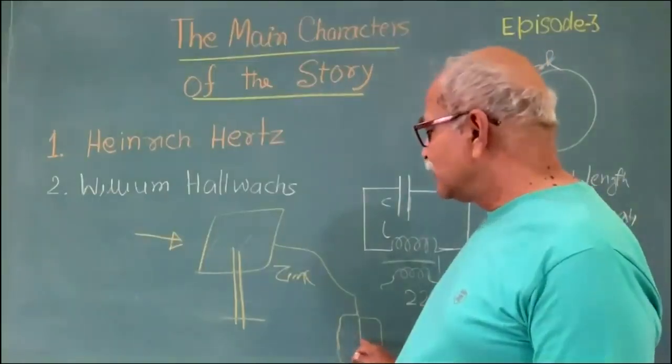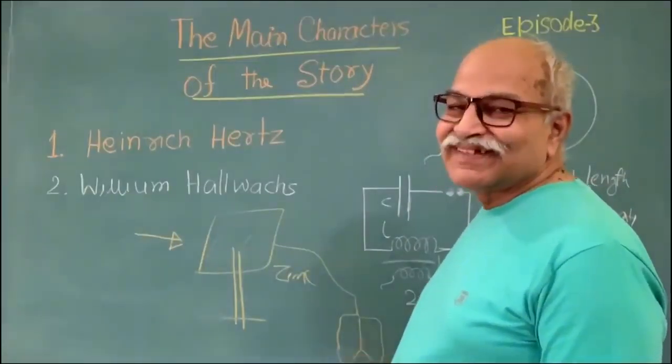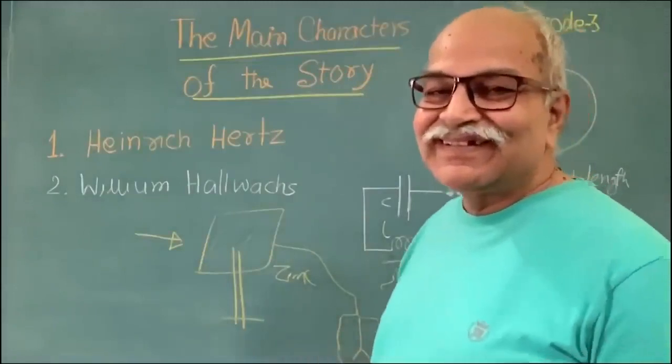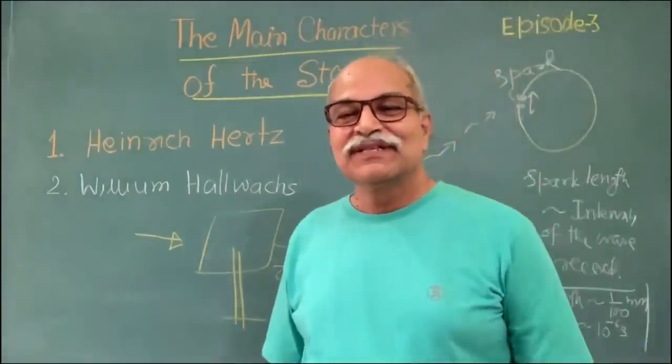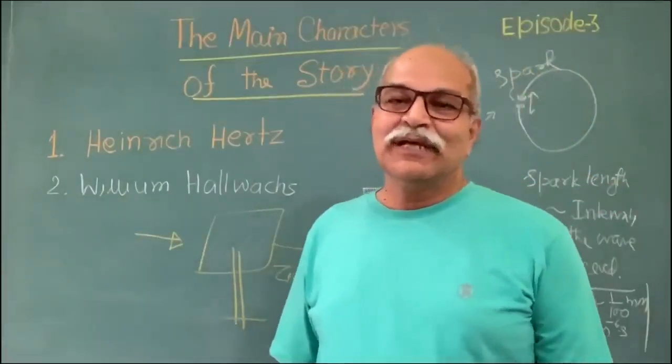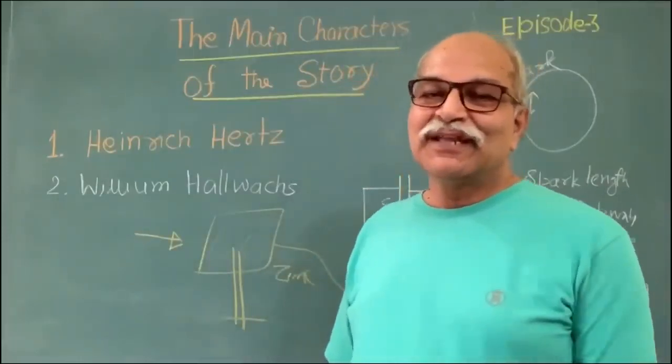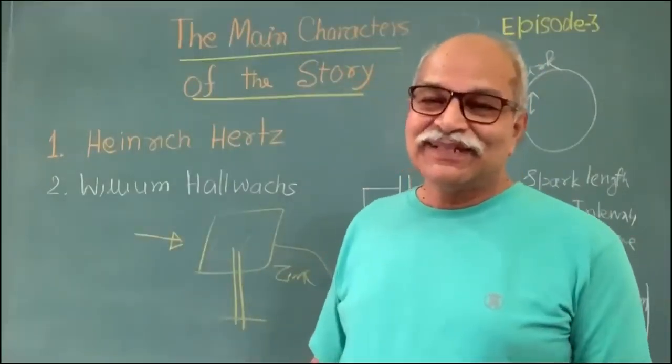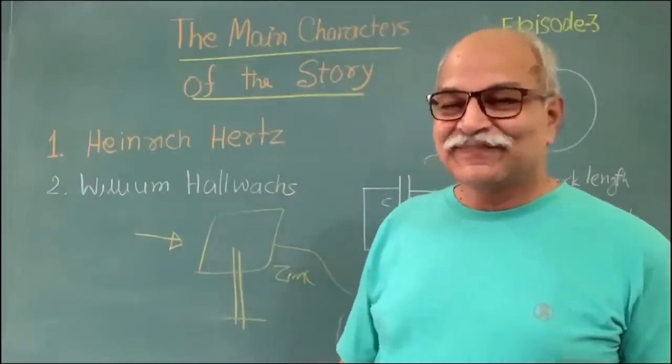And how do you charge the electroscope? Normally we study in our school books that an electroscope can be charged in two different fashions: charging by conduction and charging by induction.